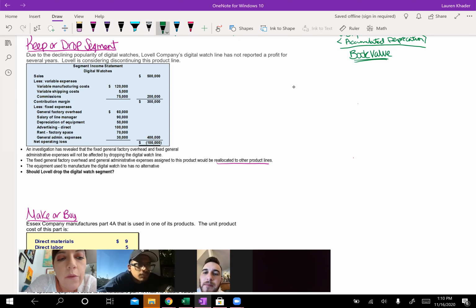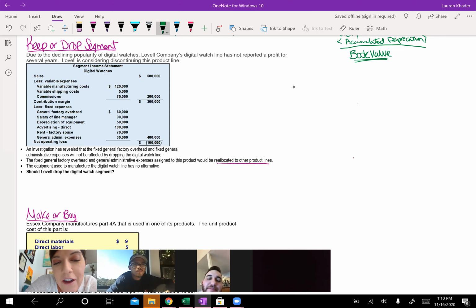Right here where they're talking about the fixed general factory overhead and the general administrative expenses, what is that telling you? If these costs are going to be incurred regardless if we have this digital watch line or not, what does it mean about those expenses? It says they're fixed expenses. Besides being fixed expenses, are these costs directly related to, remember the direct versus indirect topic of chapter 2?